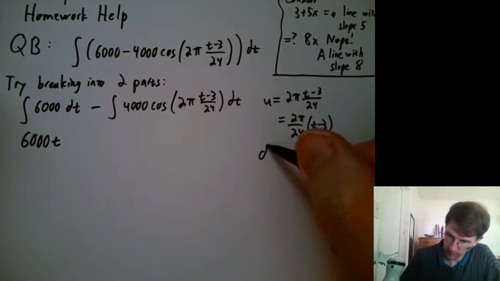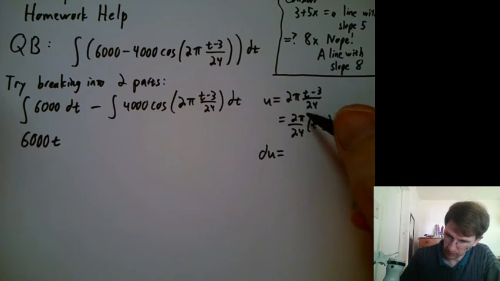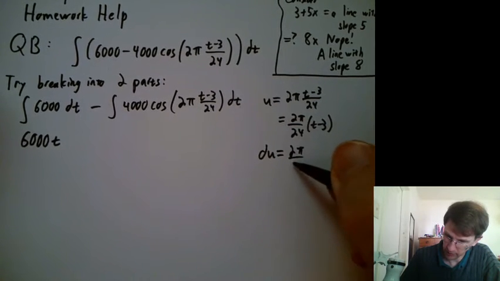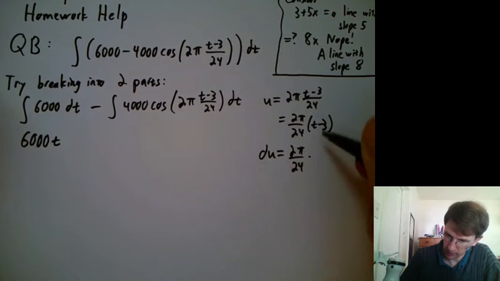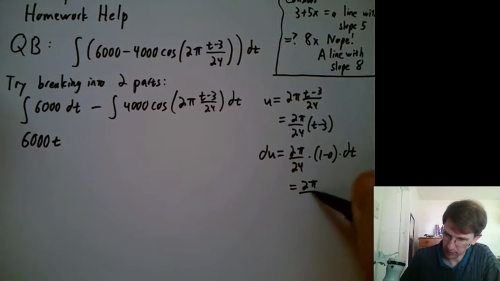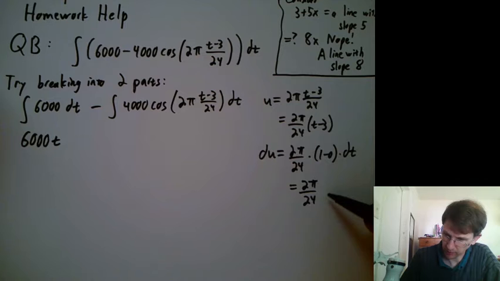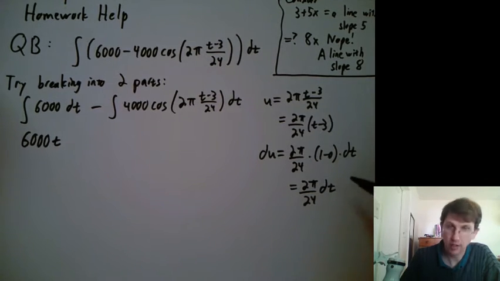And then what's du? Well, constant multiplier rule on the 2 pi over 24. What's the derivative of t minus 3? It's 1 minus 0 dt. So du is 2 pi over 24 dt.